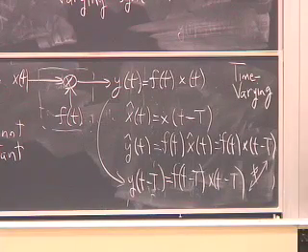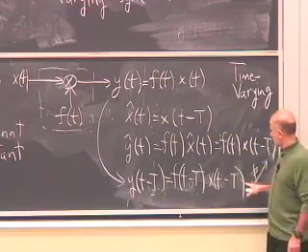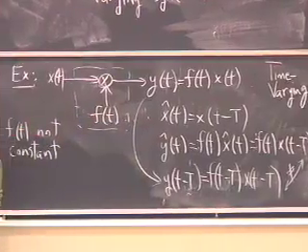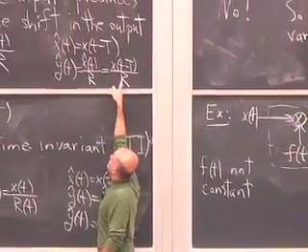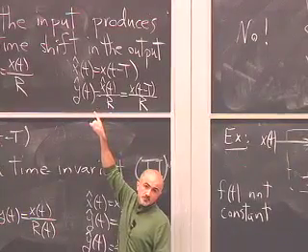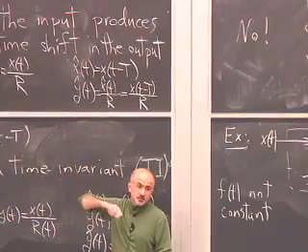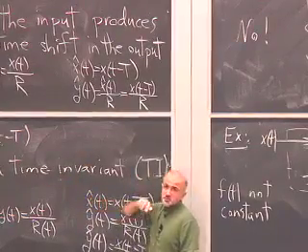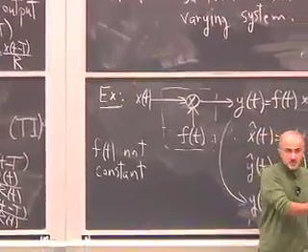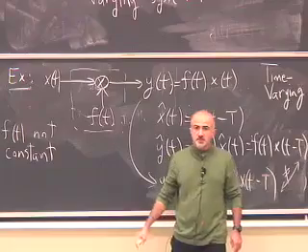But a time invariant system must have this shifting property that the output corresponding to the shifted input is equal to the shifted output of the original one for all shifts T, not just for a set of capital T's. This must be true for all shifts. No matter how much I delay or advance the input signal, the output signal must correspondingly delay or advance. Question?